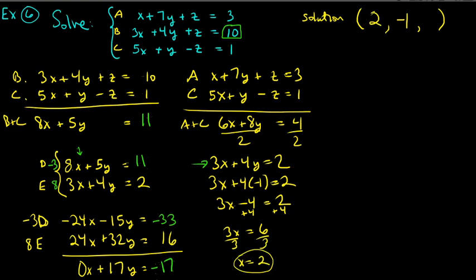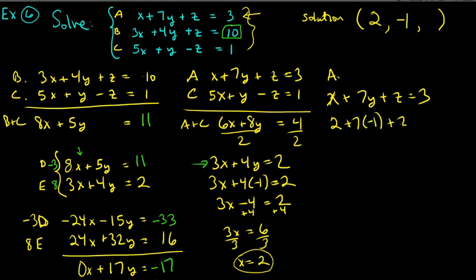And now just to find z, well, we can use any one of these three equations here. Oh, yeah. I always use the top one, so I'll stick with that. I'll use equation A again. Equation A was x plus 7y plus z equals 3. So if we plug in x equals 2 and y is negative 1, we should be able to solve for z.